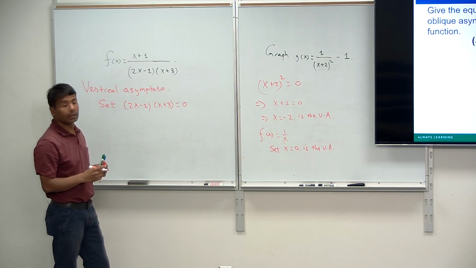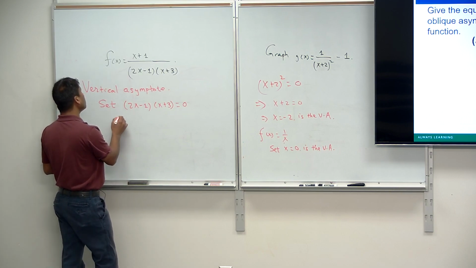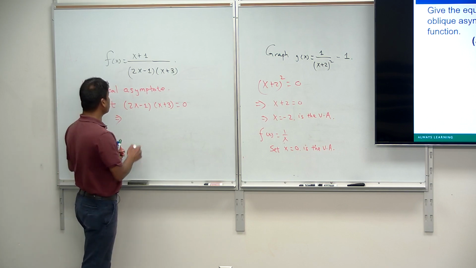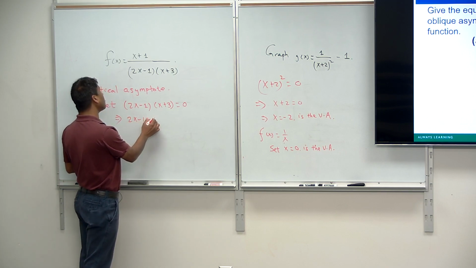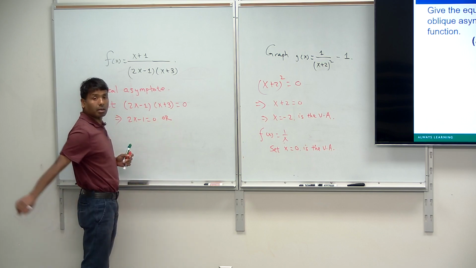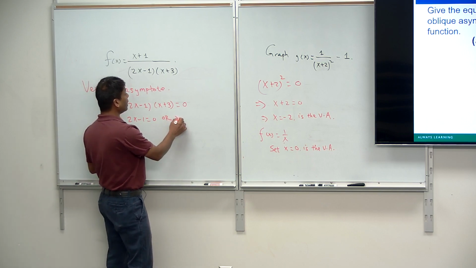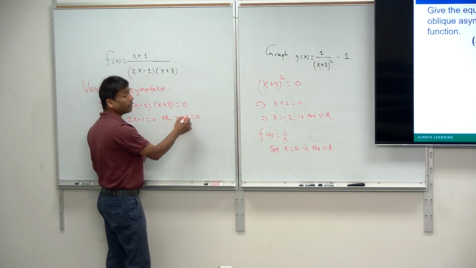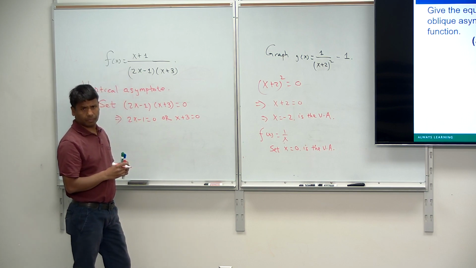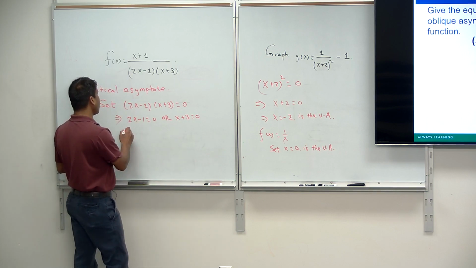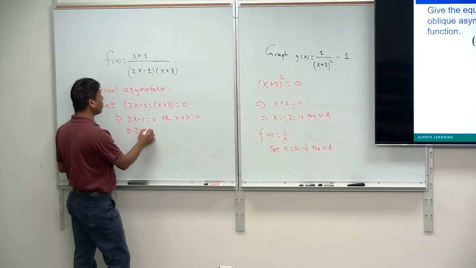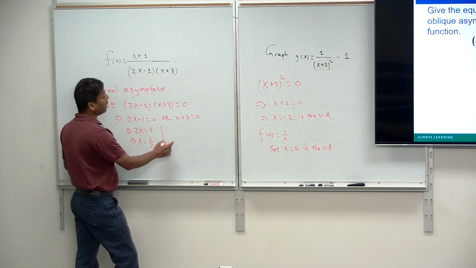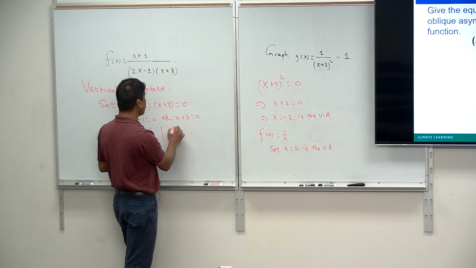And then you use the zero factor property. So this is the same as 2x minus 1 equal to 0 or x plus 3 equal to 0. What is the value of x from here? 2x equal to 1, and that will give you x equal to 1 over 2. And x plus 3 equal to 0, x equal to negative 3.